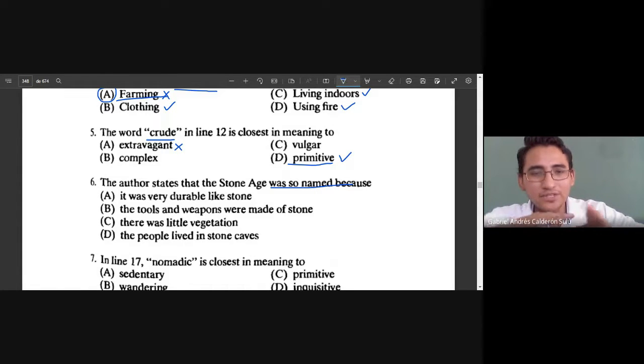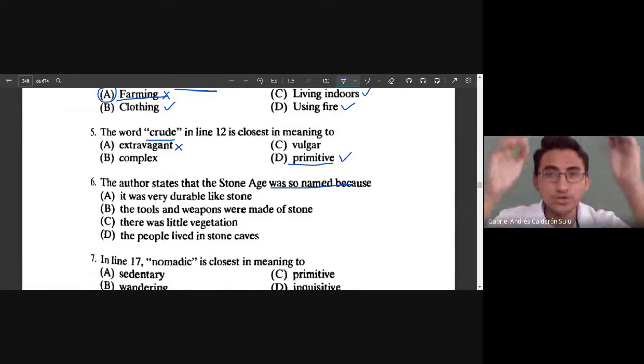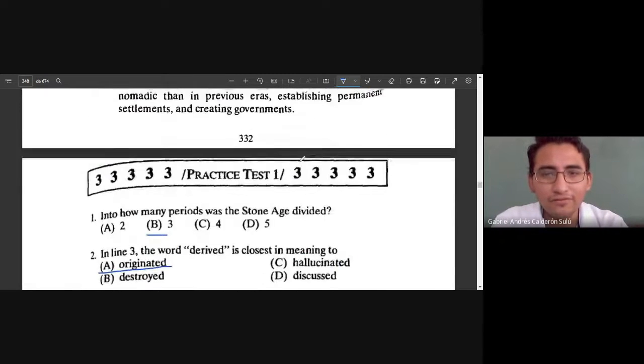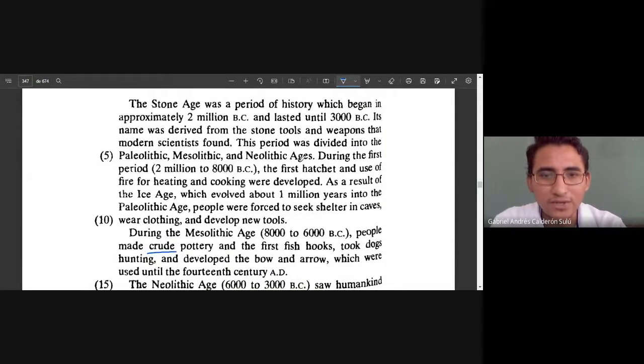Because the statement ends with because, and this obligates you to look at the options, no? Yes, but no, don't look at the options. Remake the statement into a question. The author states that the Stone Age was so named because, so the question is, why did the author say the name of the Stone Age? And now you have your big question. Go to the text and find why is the name of the Stone Age?